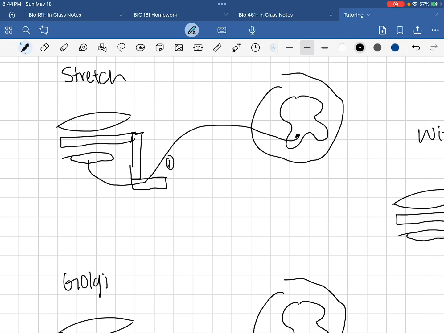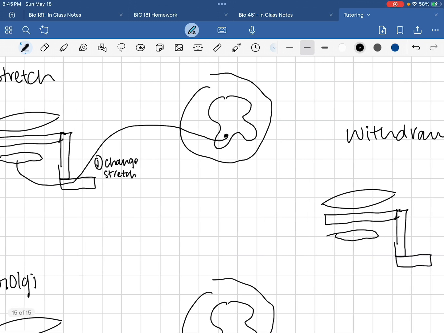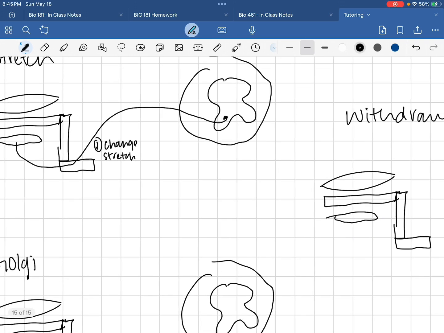That's going to synapse with the alpha motor neuron, and the alpha motor neuron is going to cause the adductors to contract. Alpha motor neurons, when they're stimulated, are going to inhibit the hamstrings.